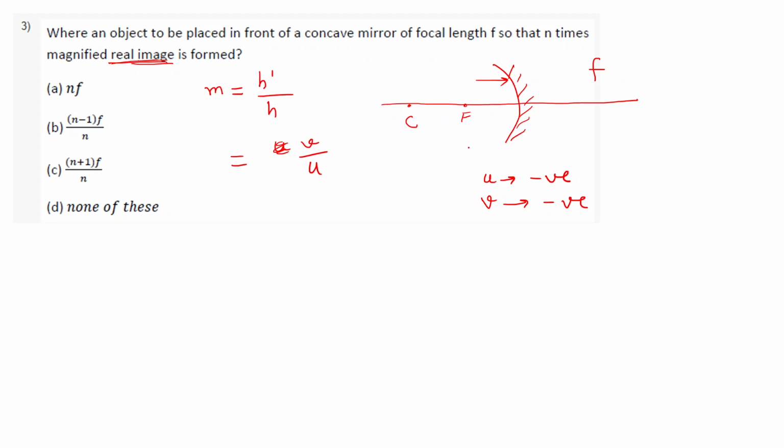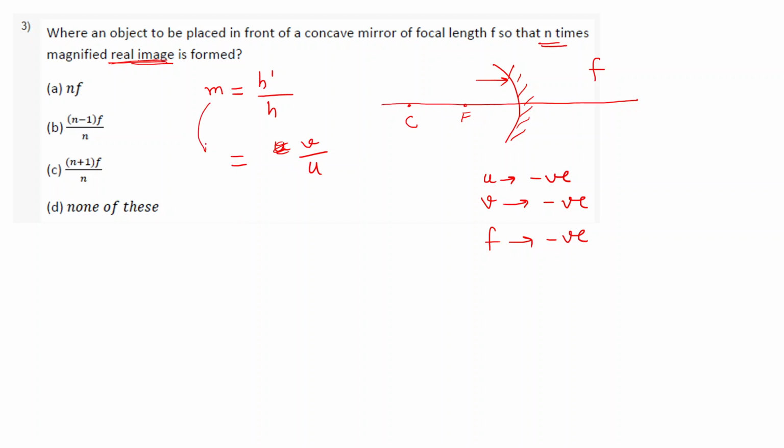And focal length also for a concave mirror is negative. So keeping these points in mind, as I told, magnification is the ratio of image distance to object distance also.